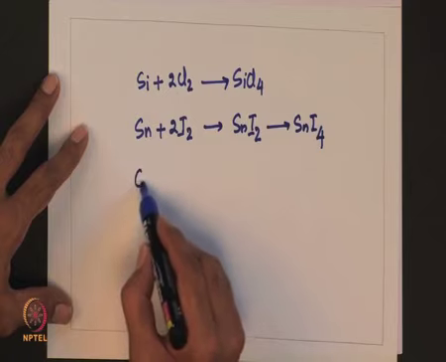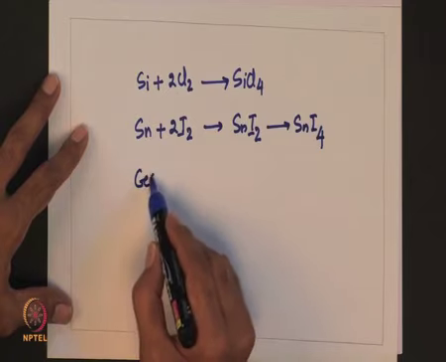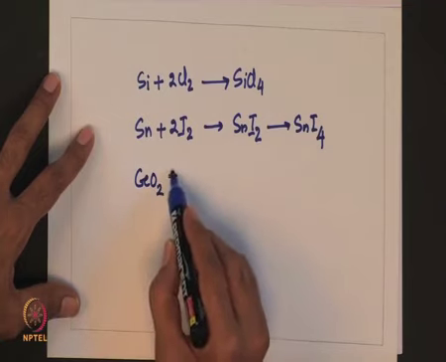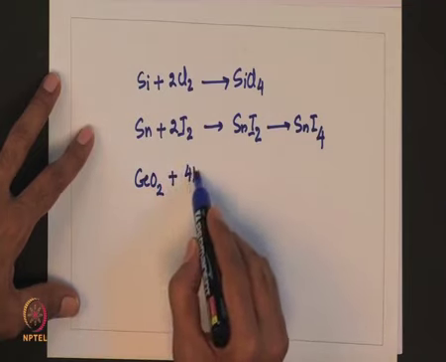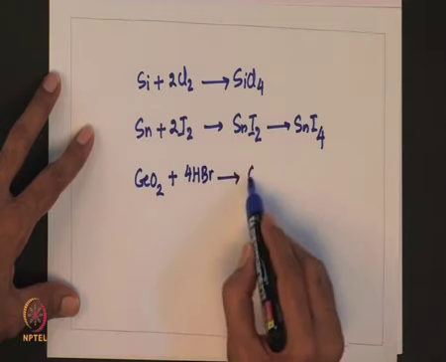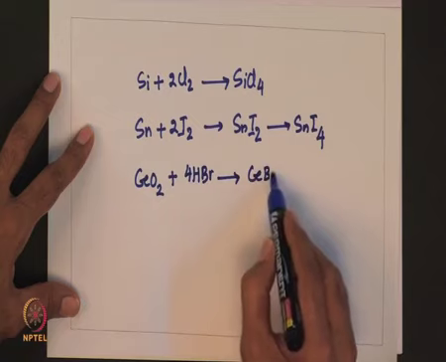And in case of germanium, germanium oxide is the ideal starting material. So, germanium oxide when it is treated with 4HBr gives germanium tetrabromide.